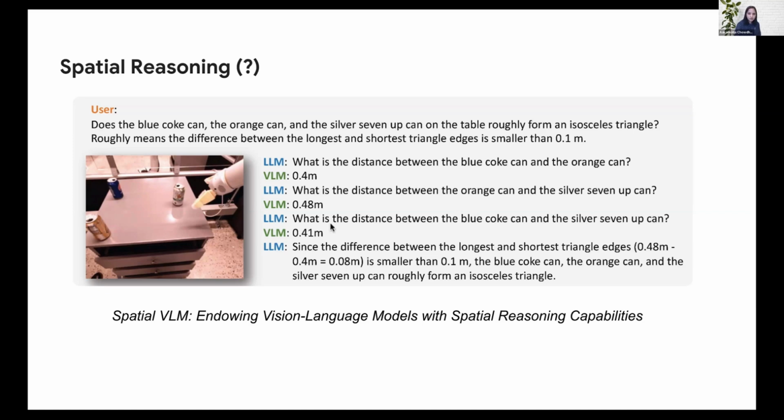The model is then able to take these distances and say, okay, I can reason across the distances that I've analyzed, and it roughly forms an isosceles triangle. This seems very promising, and it gives us hope that these models can be used in applications such as robotics and computer use, where the relative localization of these models or the distance between objects will matter.